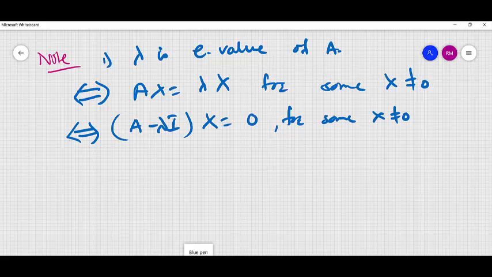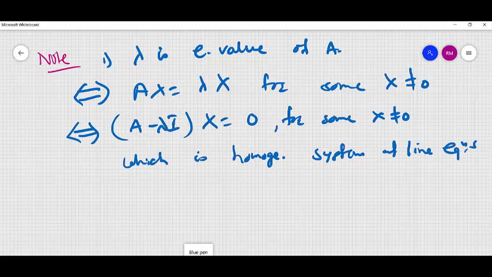And we can say this is a homogeneous system of linear equations, which we already studied.